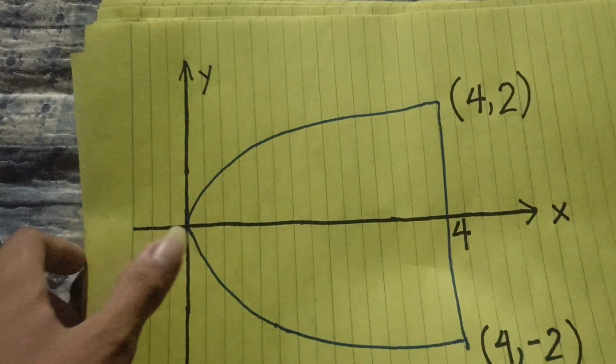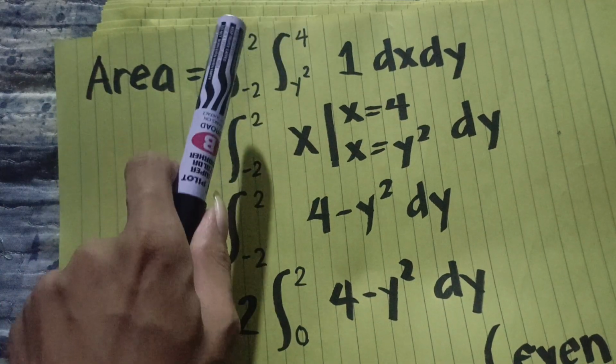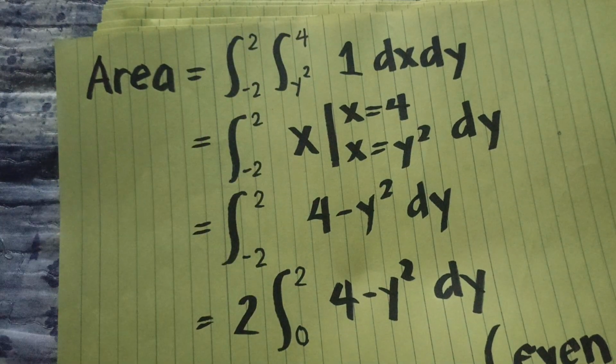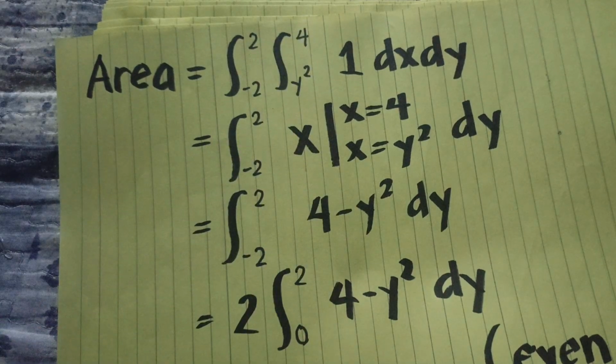So this area is the integral from negative 2 to 2, the integral from y squared to 4, 1 dx dy.